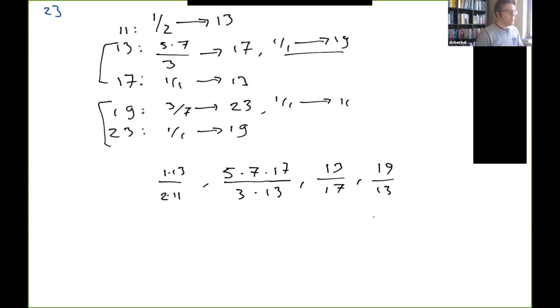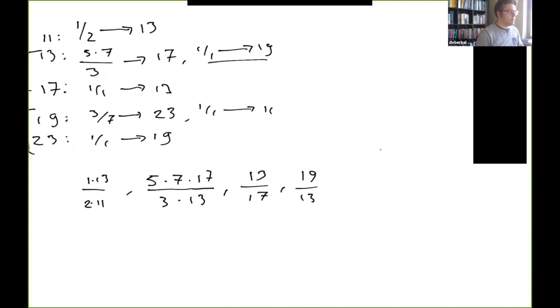And if you work out the last part, I will do it a bit quick. And then you will get the following fractions with a higher priority of 23, and then basically going over to the final computation.